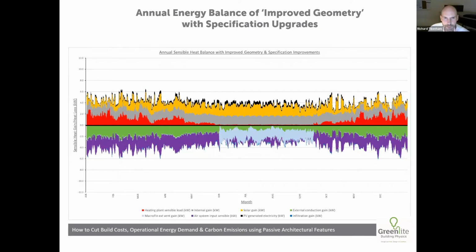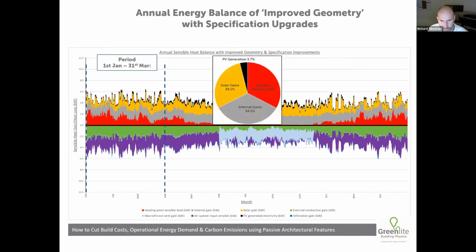So now that we've got this improved geometry, we'll take a look at the energy balance. You can see it's a lot flatter throughout the year. So we'll take a look again at this period, 1st of January through 31st of March. We've now got 29% heat gain from the direct solar heat gains, and internal gains contribute 34%.